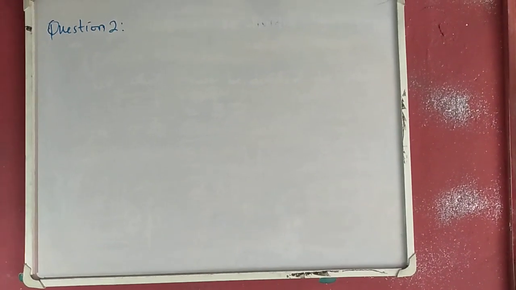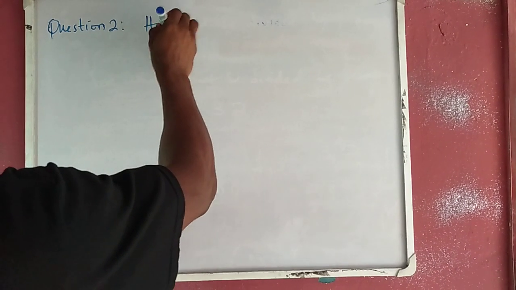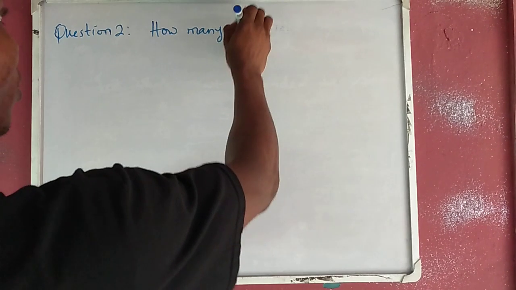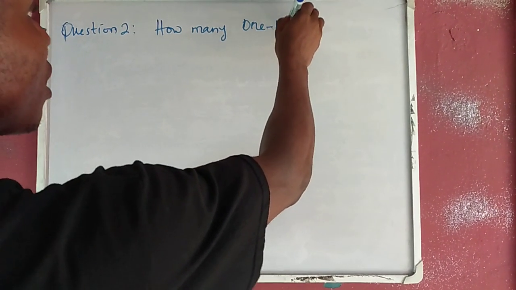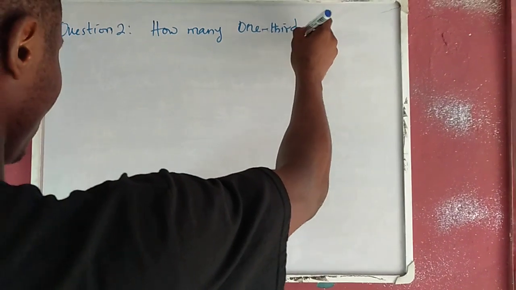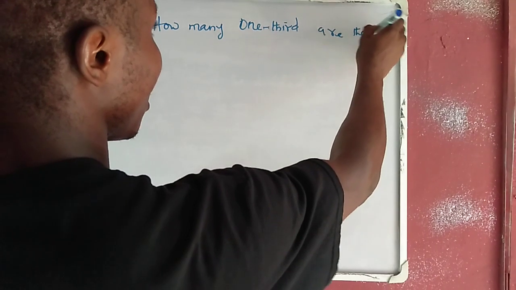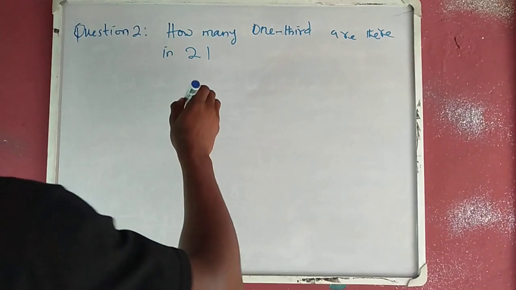Question 2 will be: how many one third are there in 21?